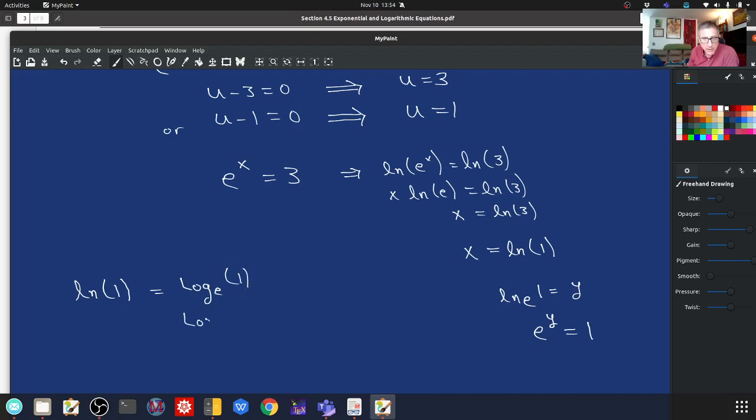So log to the base e of 1 is equal to what number y? Well, that means e to the y is equal to 1, so y is equal to 0. So this can be further simplified to 0.